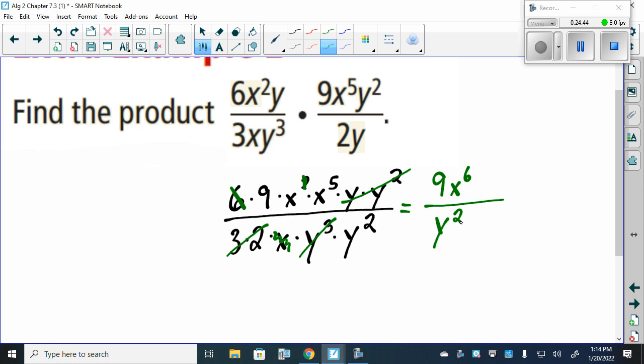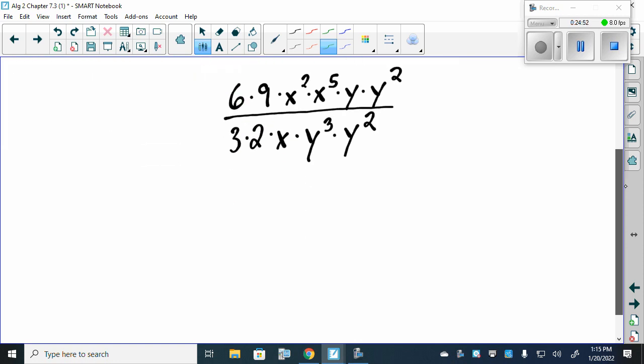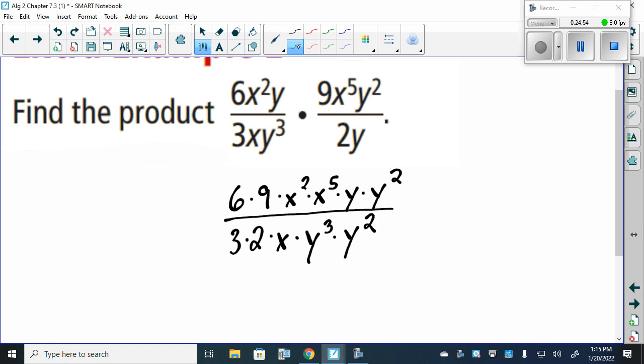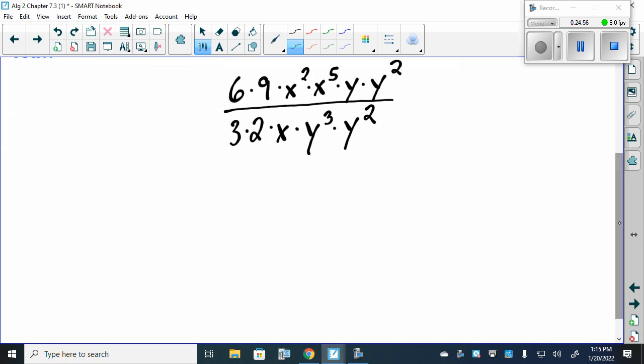If you don't feel comfortable with that, that's perfectly fine. Because we can still look at this here and say 9 times 6 is going to be, not 36, 54.